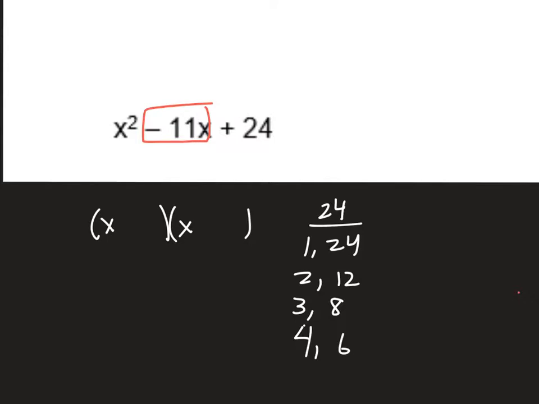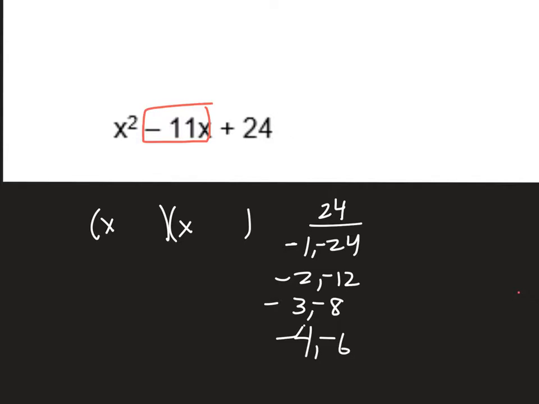So that's where our little factoring rules with the signs is handy, because we say, oh yeah, if I make all the factors negative, the negative 1 times negative 24 still gets us a positive 24. The negative 2 times negative 12 still gets us a positive 24. But now you've got factor pairs that will add up to a negative 11.